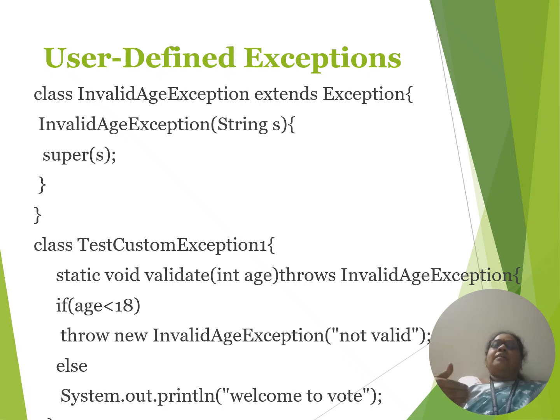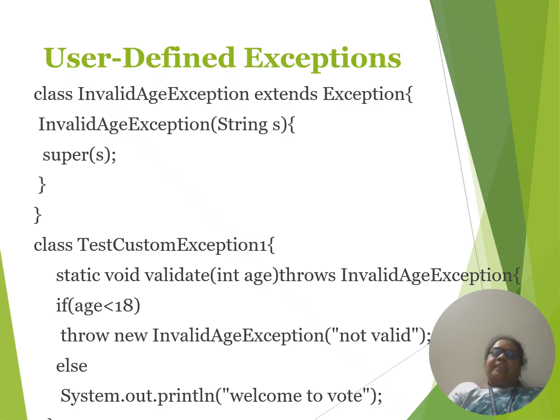This will be created by the user for their specific task. So class InvalidAgeException, with the super method. In class TestCustomException, if the age is lesser than 18, then it is not valid.